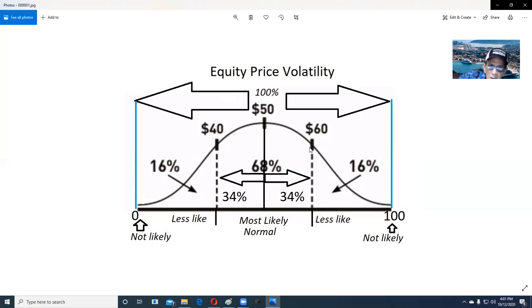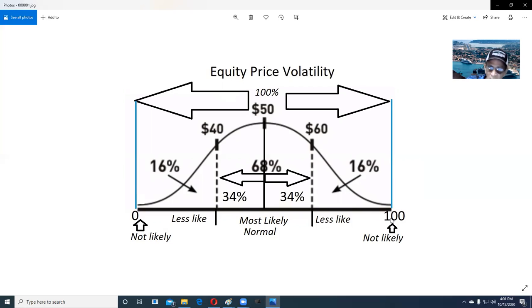Let's say that next week the price jumps up from 50 to 70. That's less likely to happen. This is the norm. The same way, going down to $20 is less likely, and going down to zero, not likely. Or going from 50 to 100 in a very short period of time, more than likely will not happen.